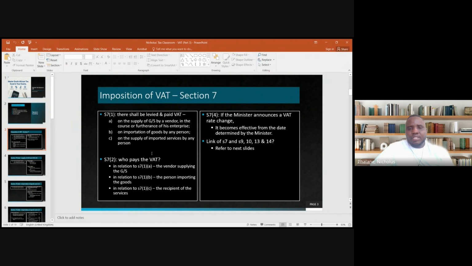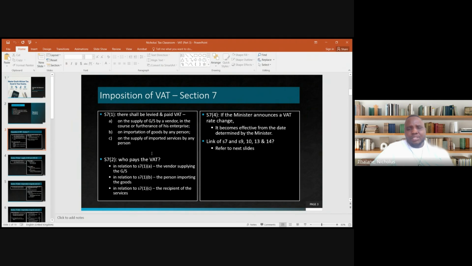And obviously if the rate changes, the minister will make an announcement. So when does it become effective? The new rate becomes effective from the date determined by the minister. So it's not the date on which the minister makes an announcement, but rather the date as determined by the minister.